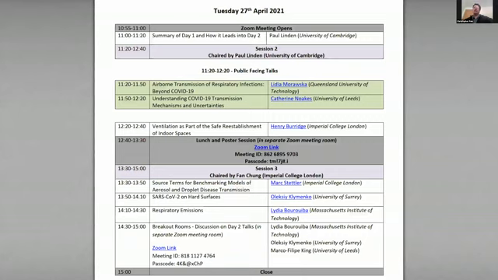Some of the things brought out were the variations of transmission when people have different activities, for example when people are singing or speaking, or have an elevated sound level, and the particle concentrations can vary by 1 or 2 orders of magnitude in these different situations.